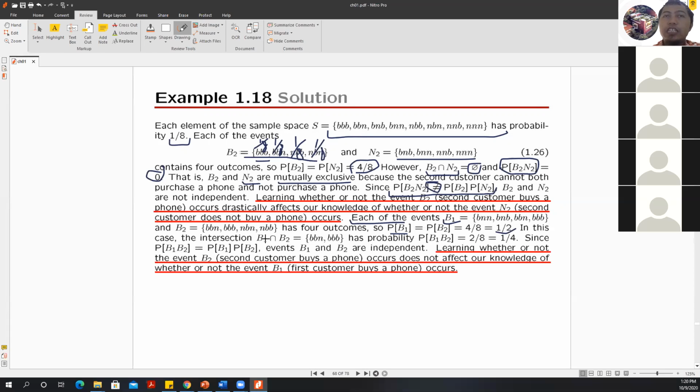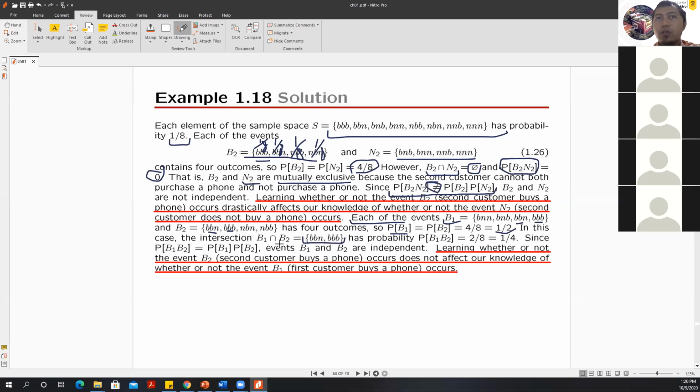In this case, for the intersection of B1 and B2, we have members BBN and BBB. You can check: BBN exists here and also exists here. BBB exists here and also exists here.